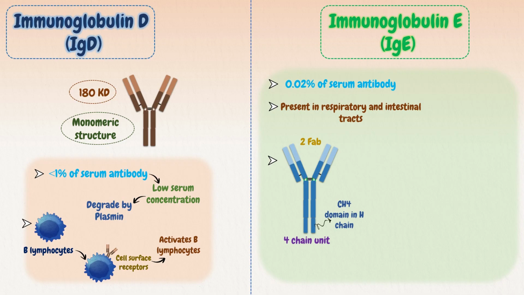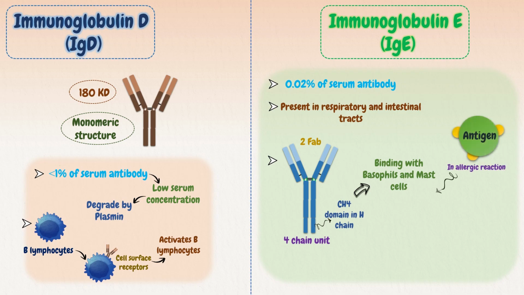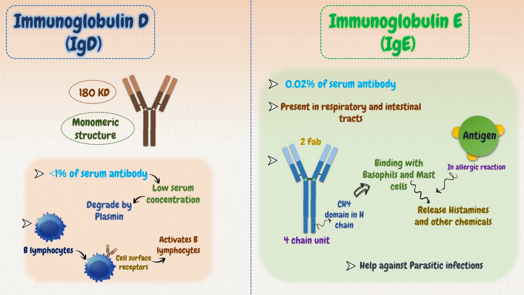However, each of its H chains has an extra constant domain, CH4, which confers on IgE the special property of binding to the surface of basophils and mast cells. When antigens bind to these attached IgE molecules, the cell is stimulated to release chemicals such as histamines that are involved in allergic reactions. IgE antibodies also help protect against parasitic infections.